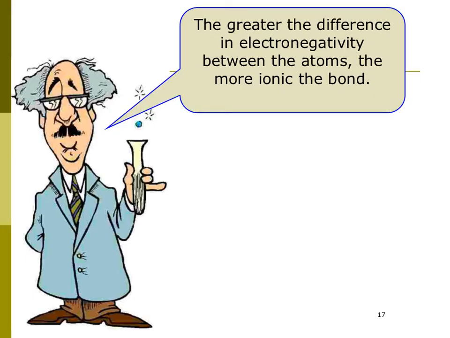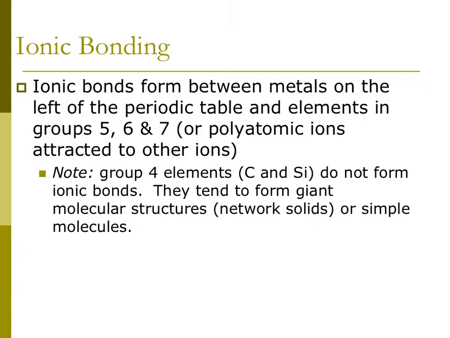To simplify that a bit, basically the greater the difference in electronegativity, the more ionic the bond. If it is a difference of less than 1.8, we would say the more polar the bond. So if we apply this idea that we want a great difference in electronegativity to be an ionic bond, we are going to be looking at the metals that are on the left side of the periodic table and the non-metals that are on the right side of the periodic table.